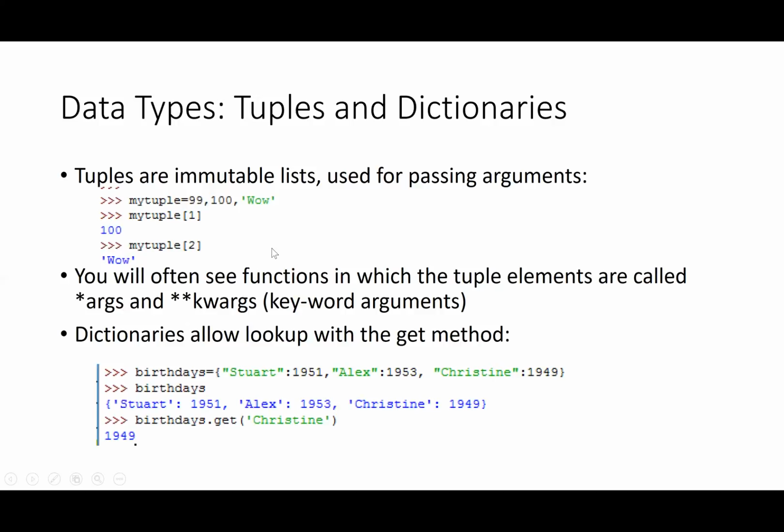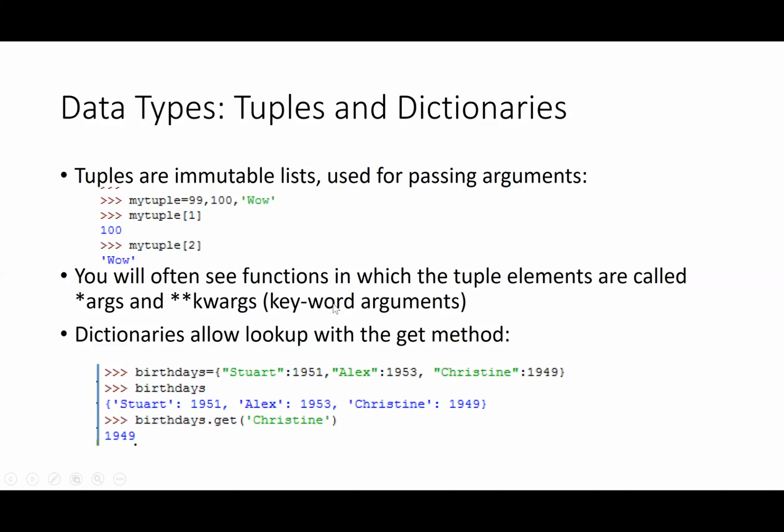So if I wanted to add two numbers x and y, my function might be a function of x and y, and those would be star args, and I could specify them as being that type of argument if I wanted to. Kwargs is a keyword argument, and I could specify something as being a keyword argument by using these two asterisks. I'm not going to do that, but you need to know it because when you go look at help files, you'll often see args and kwargs and wonder what on earth they are.